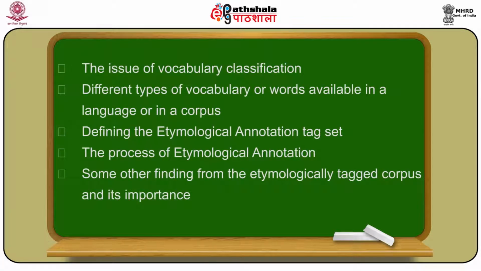So, in this module, we will discuss the issue of vocabulary classification, different types of vocabulary or words available in a language or in a corpus, then define the etymological annotation tag set, the process of etymological annotation, and some findings from the etymologically tagged corpus and its importance.